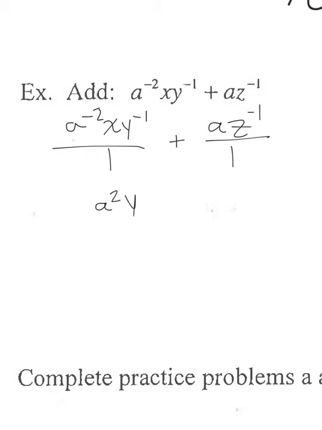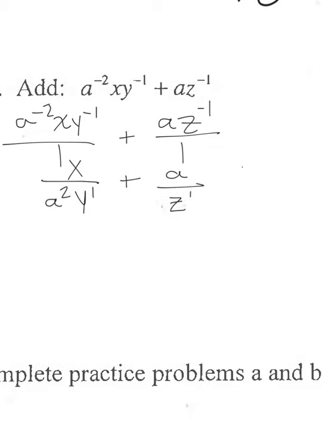I can put the y to the first in the denominator, and then I leave that x in the numerator. Move over to the other expression here, and a stays in the numerator, and the z to the first goes down to the denominator.